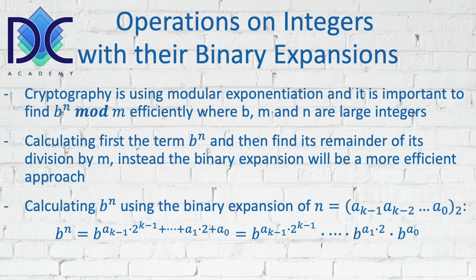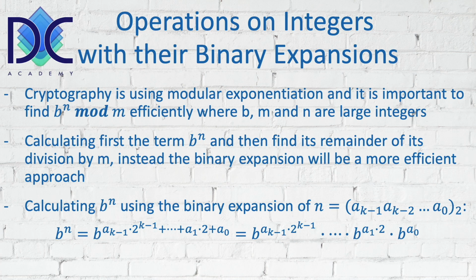So when we say b to the power a_{k-1} times 2^{k-1} plus up till a_1 times 2 plus a_0, we can write this as a product of b to the power a_{k-1} times 2^{k-1} multiplied by b to the power a_{k-2} times 2^{k-2}.